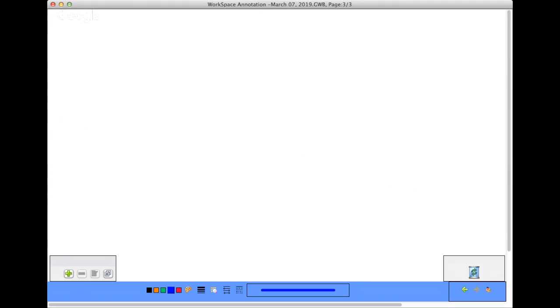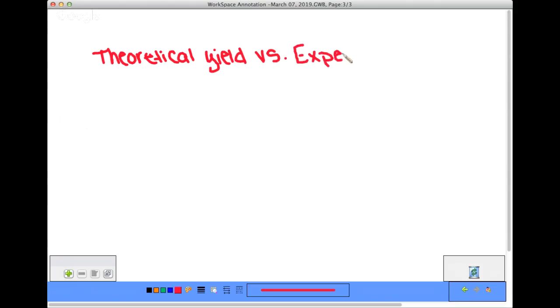Experimental yield. Okay, so let's talk briefly about the difference between experimental yield and theoretical yield. All right, so let's differentiate between these two.